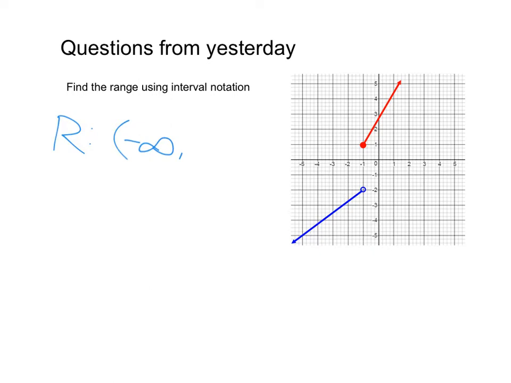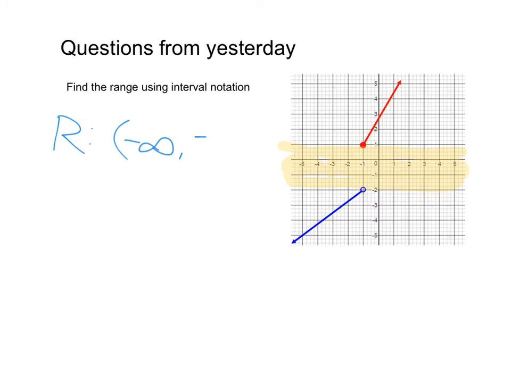And the reason for that is we have this region where there's just nothing going on, right? There's this region of nothingness as I traverse up the y-axis. So we're going to have actually two separate intervals for our range. So we have -infinity all the way up to -2, and -2 is an empty circle, so it does not get a bracket.